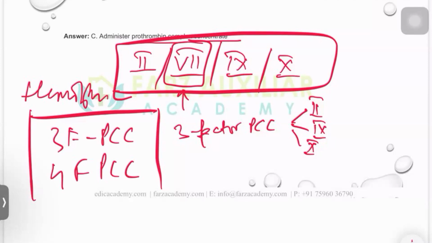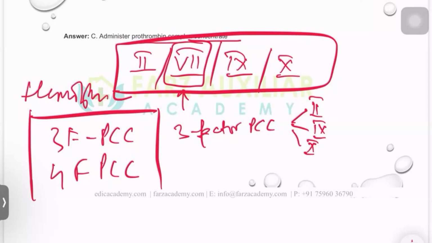Hemophilia related bleed. Now, this is an EDIC level question. 3-factor PCC, you will leave 4-factor for somebody else.